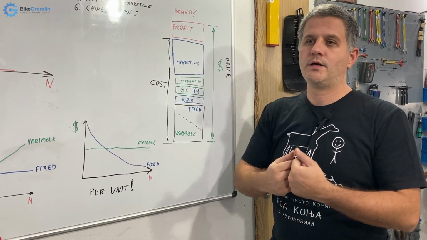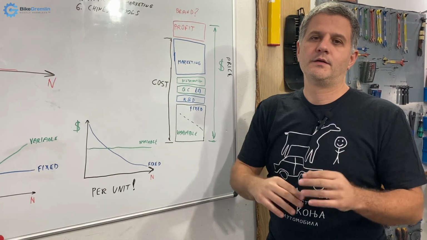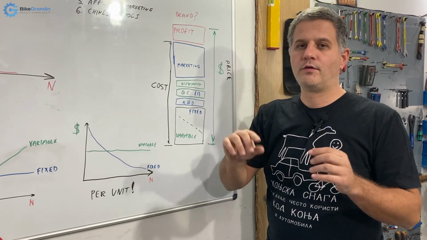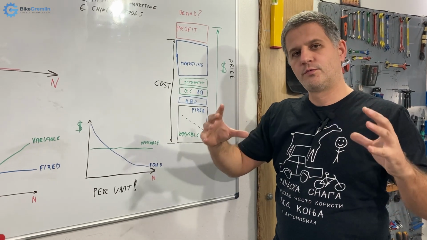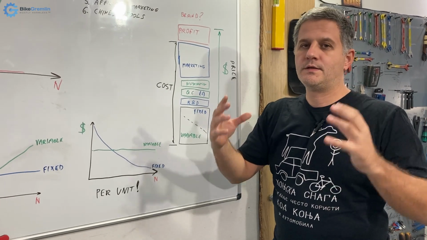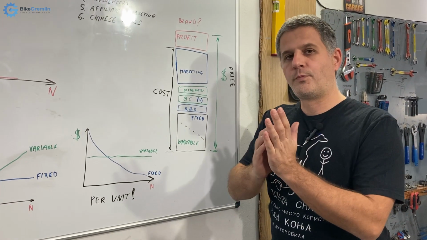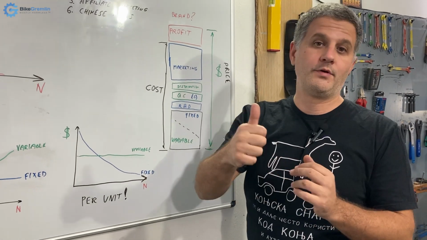But if I make 1 million, then only 1/1,000,000th of a monthly fee for the workshop place rent is incorporated into the price of one rear derailleur.